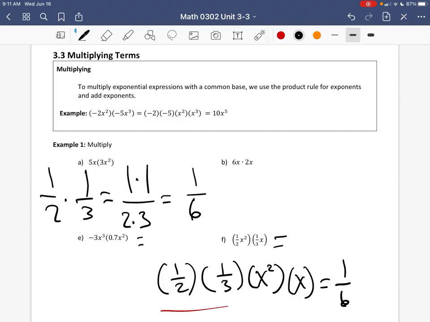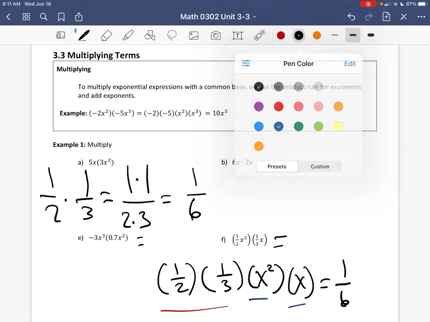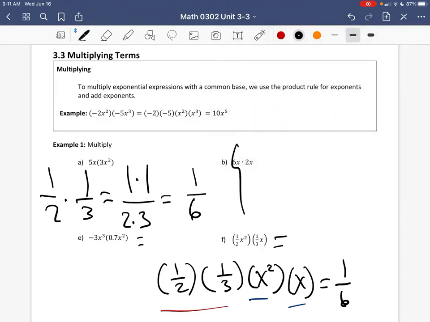Okay? And then the last part of the expression, that's going to be the result of x squared times x. Okay? So let's go ahead and do this one just a little bit above here. So this will be x squared times x. And so we can use the product rule for the exponents because the bases are the same. And again, what is the base here?